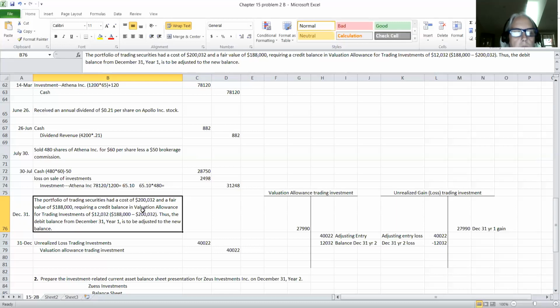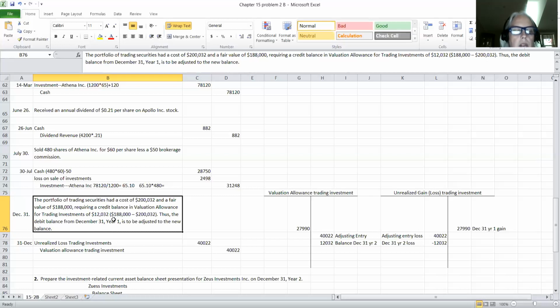Because there was an $188,000 value, it was less than what it cost us. So there's got to be a credit balance in the valuation allowance for trading investments at $12,032, which is $188,000 less the $200,332, which gives you a negative amount because it cost you more than what the fair value was.